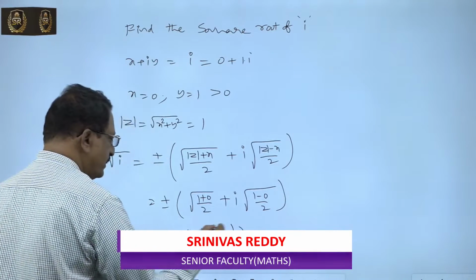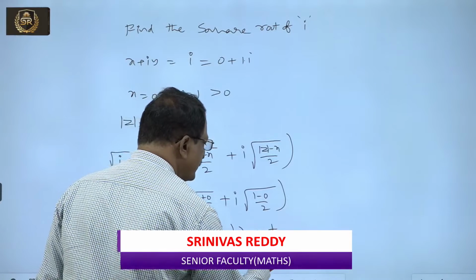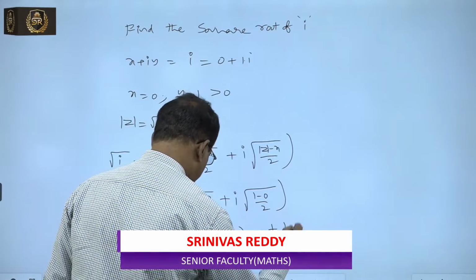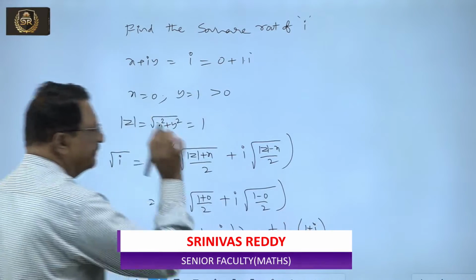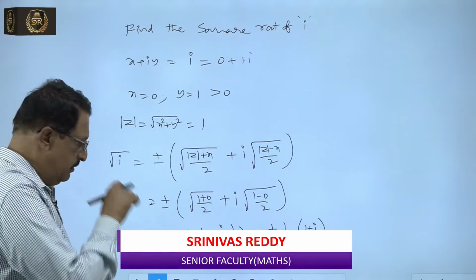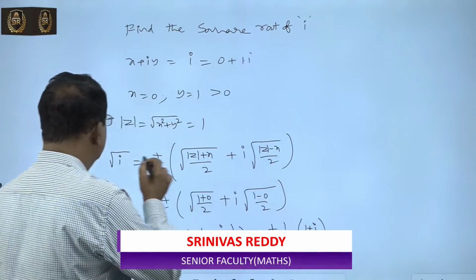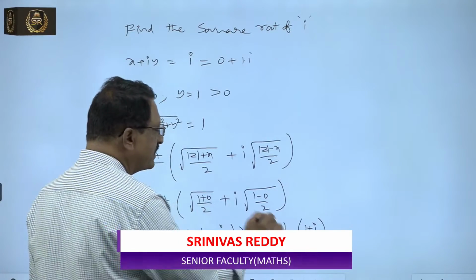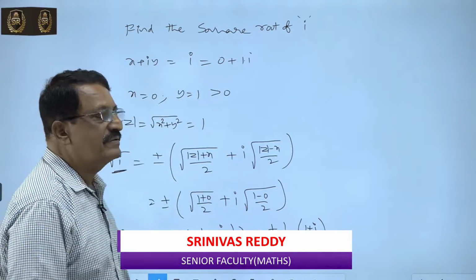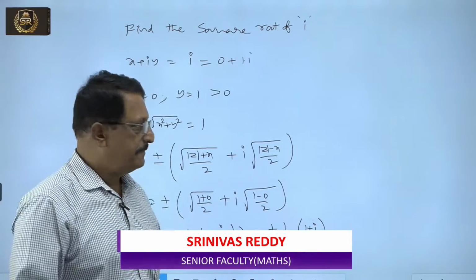Take 1 by root 2 common, that equals plus or minus 1 by root 2 into (1 plus i). Now therefore square root of i equals plus or minus 1 by root 2 of (1 plus i).